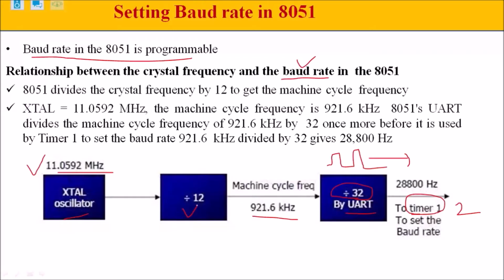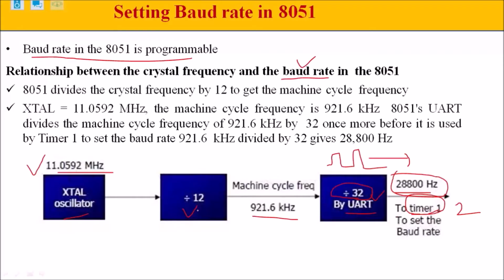First it is divided by 12. The UART block again divides it by 32. We get a frequency of 28800 hertz. This frequency is given to timer 1. Here it is written: timer 1 to set the baud rate.